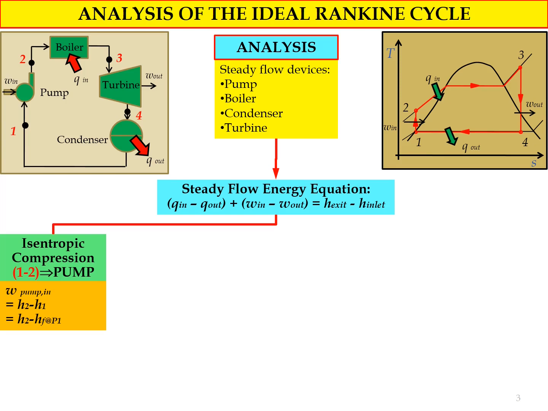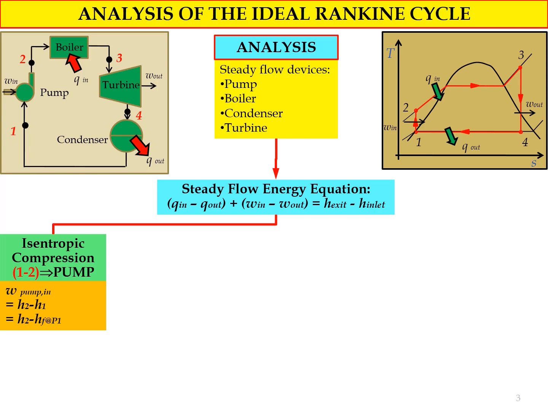For example, for the isentropic compression, the device involved is the pump. For the pump, the parameter involved is W in, where we need to supply W in to the pump. So in order to determine the formula of W in, we apply the energy balance equation to the pump.